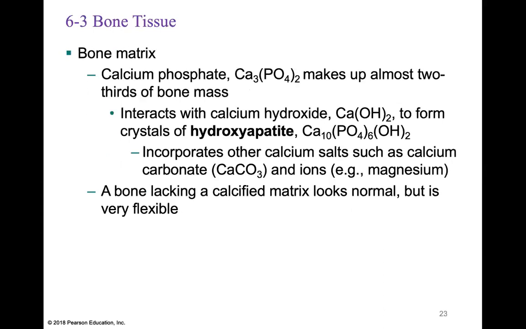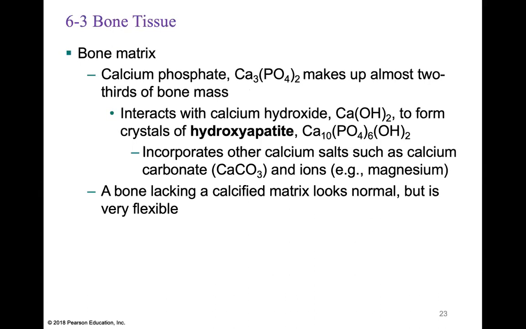The bone matrix is going to be composed of calcium phosphate, which makes up almost 2/3 of the bone mass. This will interact with calcium hydroxide to form crystals of hydroxyapatite, or what we typically find as the mineral bone.